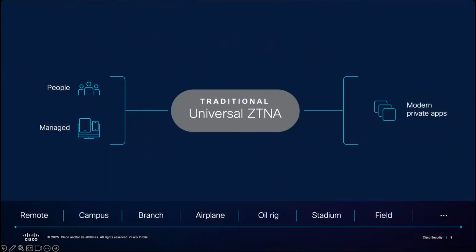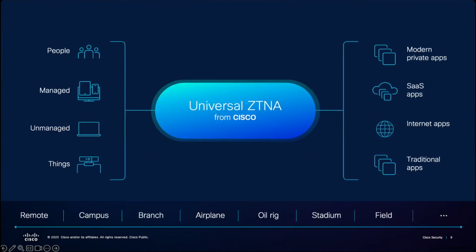So what we're really talking about here is taking that first generation, traditional ZTNA approach, which was very narrowly focused on users on a managed device accessing modern applications, to a universal zero trust network access solution from Cisco, where we're covering all of these different aspects that we just hit on.